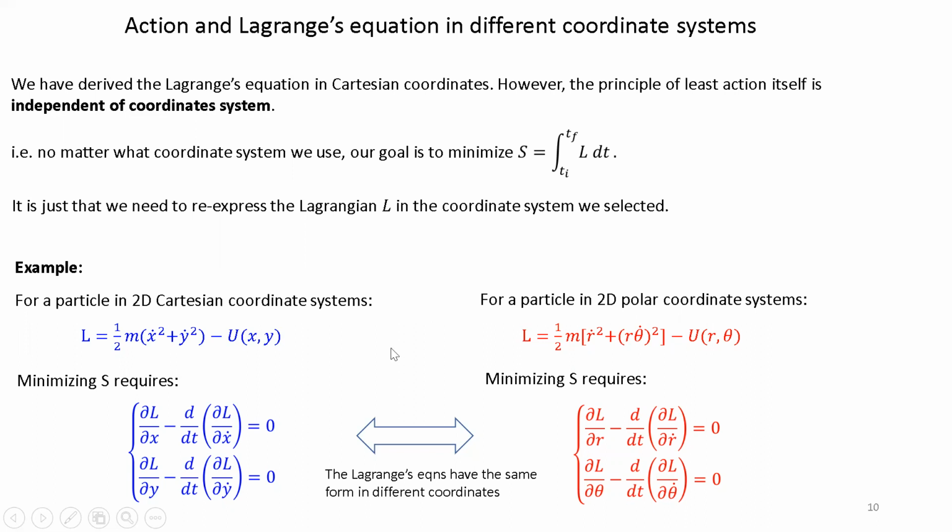In Cartesian coordinates like this, polar coordinates like this. However, once I write this down, you can see the form of the Lagrange equations in the two coordinate systems are actually the same. I just replace this x by r, and then replace this y by theta.